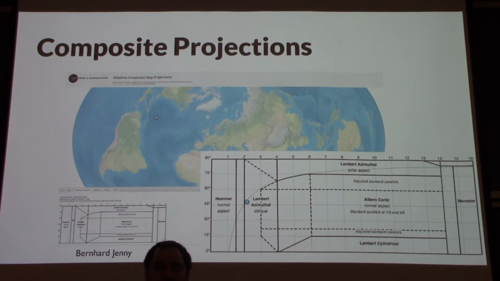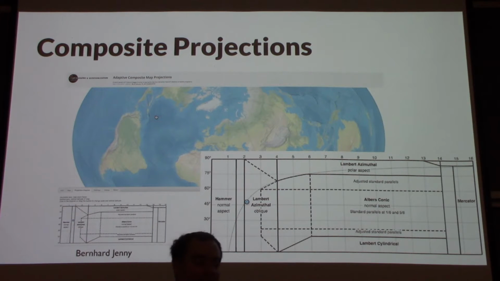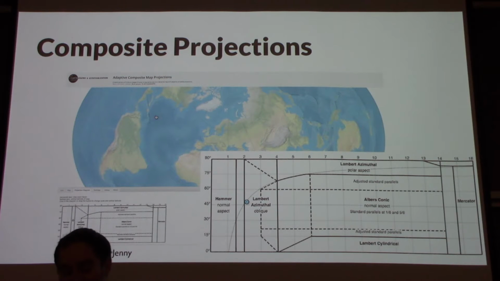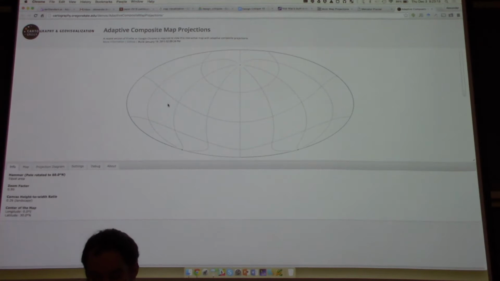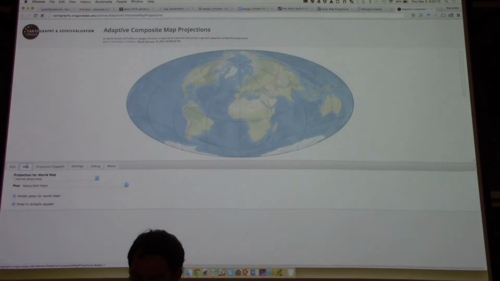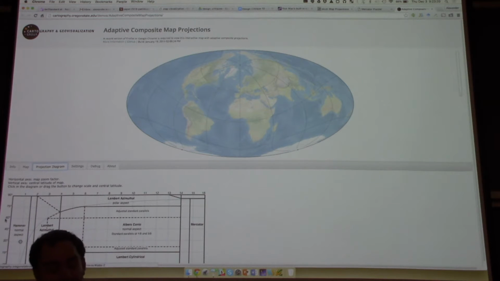So we've talked about these different projections, but it turns out, as I mentioned earlier, that depending on your scale, depending on what window into the world you're looking at, there's not one global projection that works best for all. So people came up with these cool tools where you can navigate around and it would dynamically change the projection.